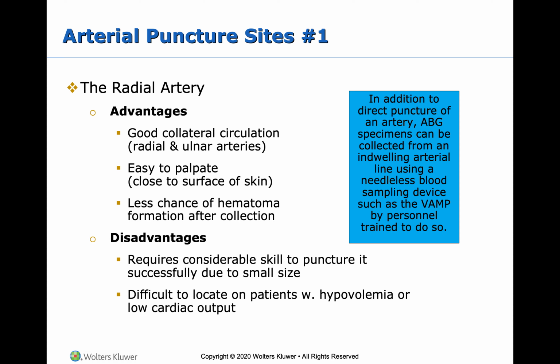I don't know which chapter it's in, but I know we get into it later. Basically it's a line, it's almost like an IV, but it's in an artery rather than a vein, so they can draw specimens off of that if they need to.